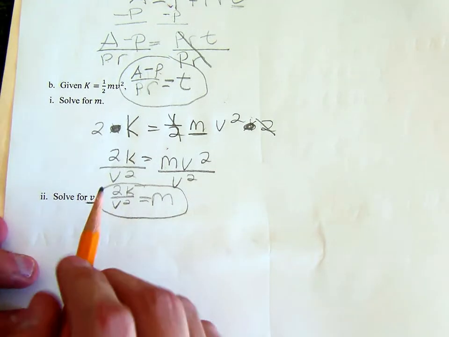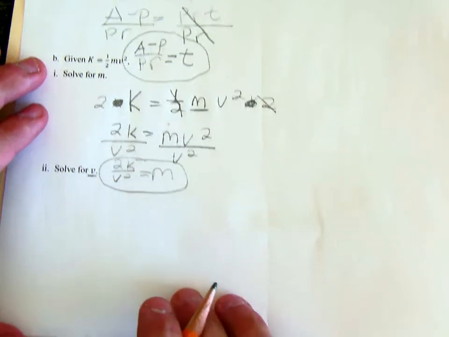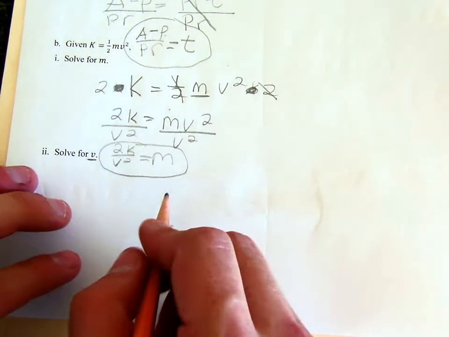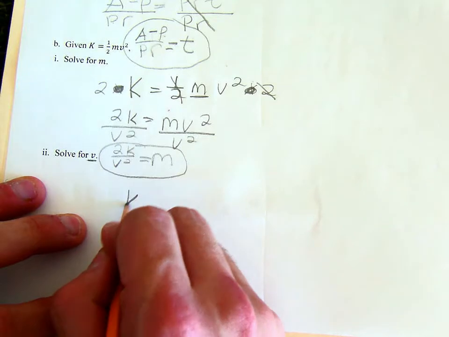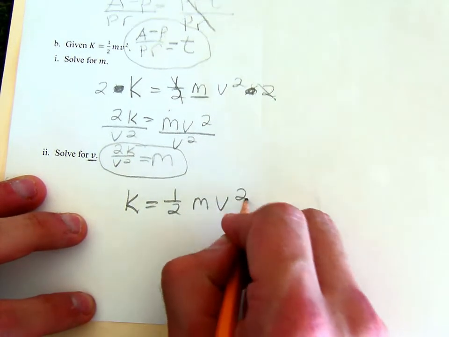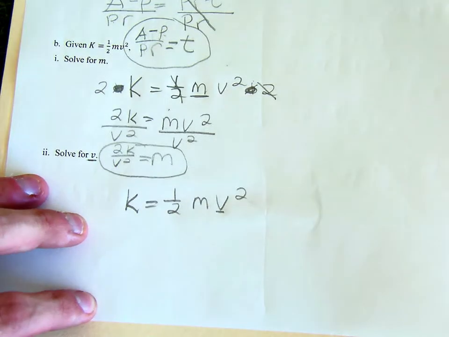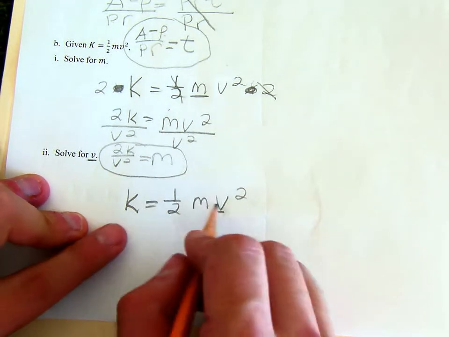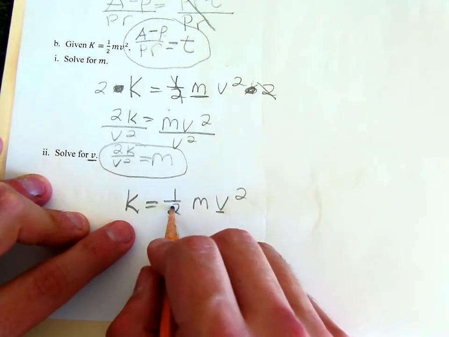So now what we want to do is take the same formula and solve for v. I would start with our same formula. K is equal to 1/2 mv squared. And we want to solve for this variable v. Again, we would first start off by multiplying by 2 to get rid of this 1/2.